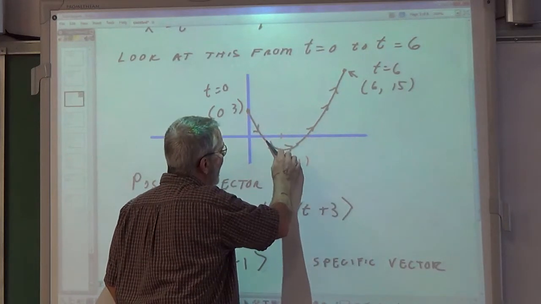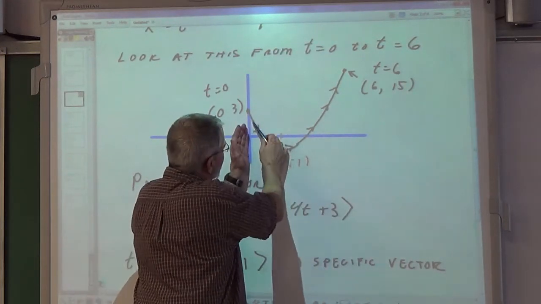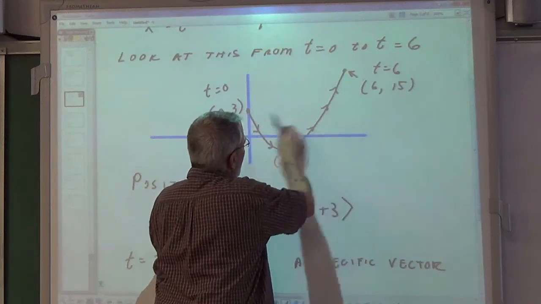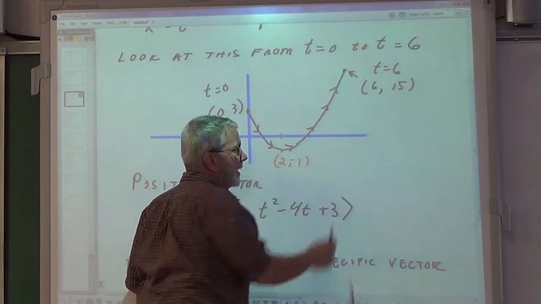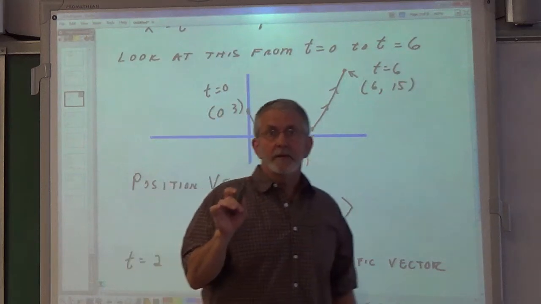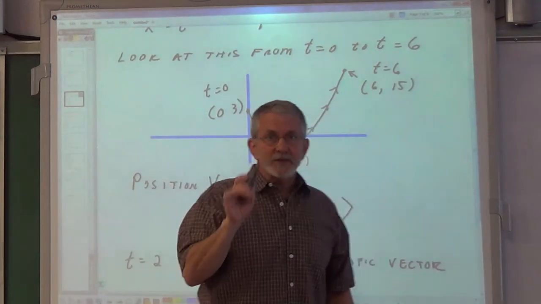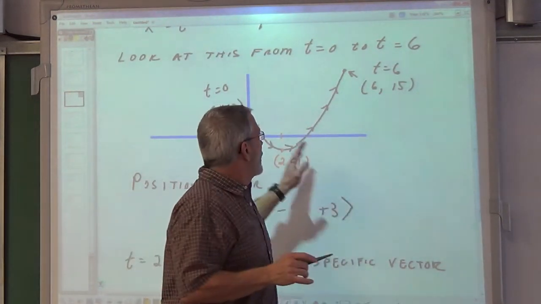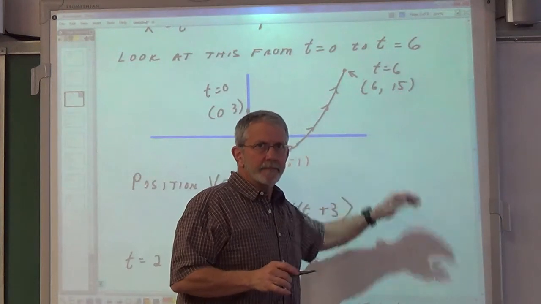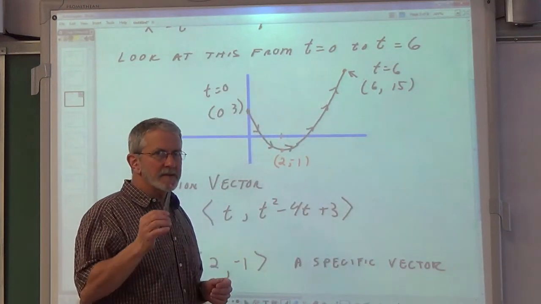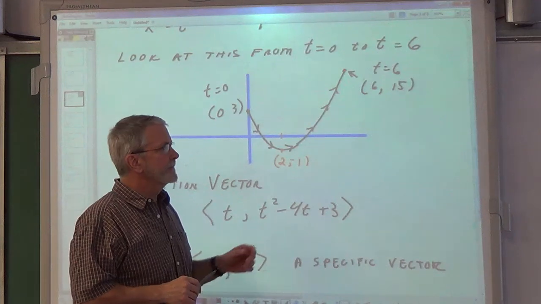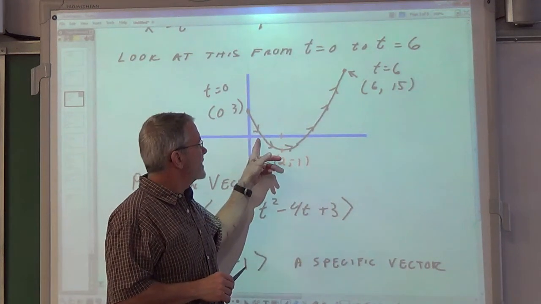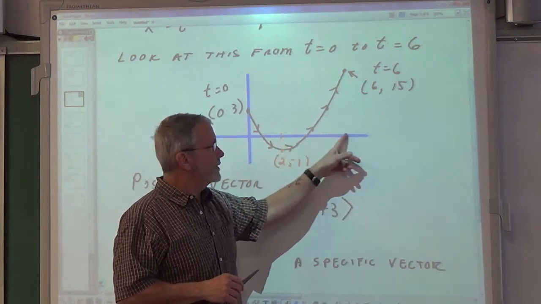Now he's crawling down, but he's still going to the right. He's down to the right, up to the right, but he is still always moving to the right. The x-coordinates are always increasing. Well, of course they are.